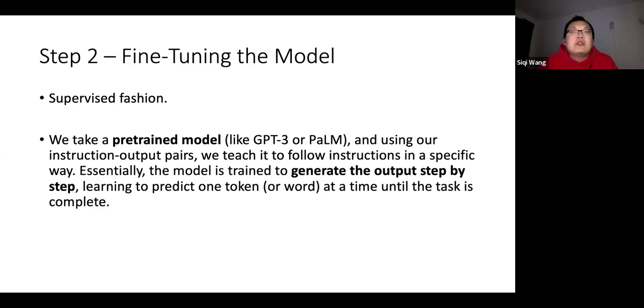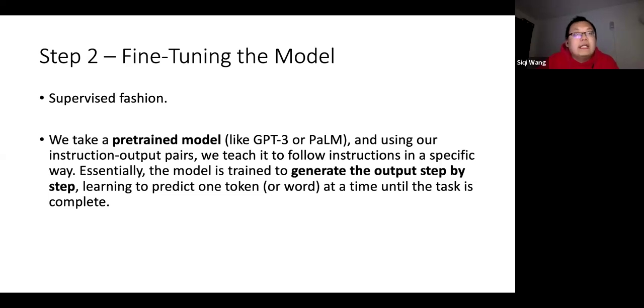The model is trained to generate output step by step, learning to predict one token at a time until the task is complete. The interesting part is that after fine-tuning, the model becomes much better at following instructions without needing a complete overhaul or retraining from scratch.